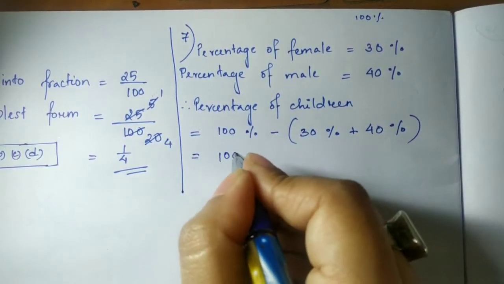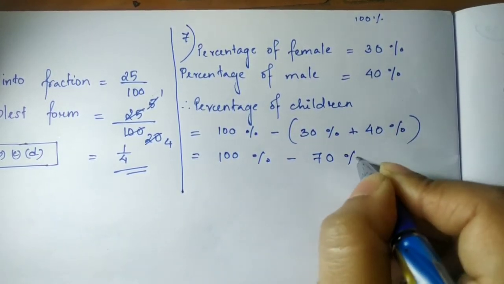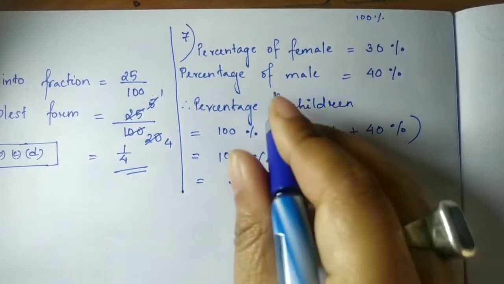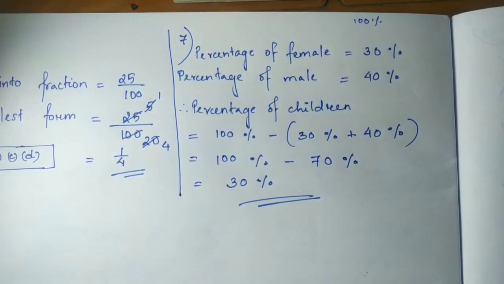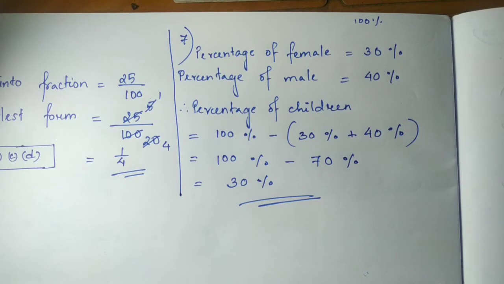So 100% minus 30 plus 40 will be how much? 70%. So 100% minus 70% will be how much? 30%. So 30% of the population will be children, where 30% is female and 40% is male. So you do it this way. You have to write down the statement when it's a problem sum.